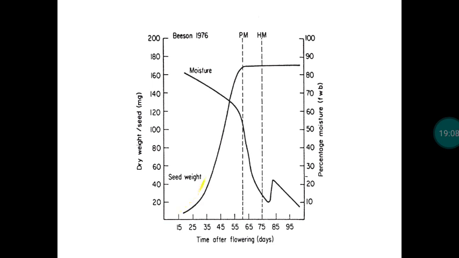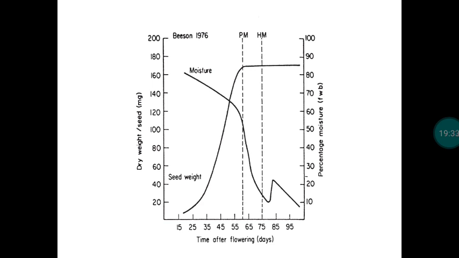As and when it reaches somewhere around 57 days after flowering, the seed is fully packed with nutrients. That is the stage of optimum accumulation of food reserves. After the physiological maturity stage, there won't be any incoming supply from the mother plant to the seeds.